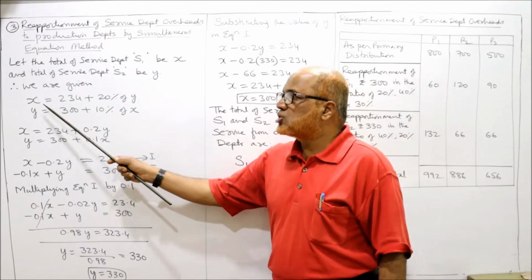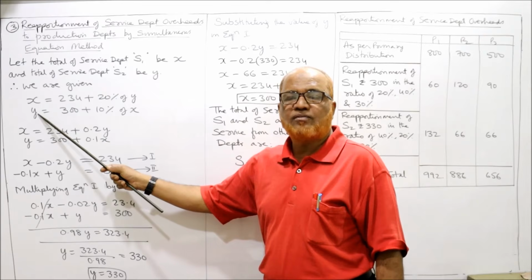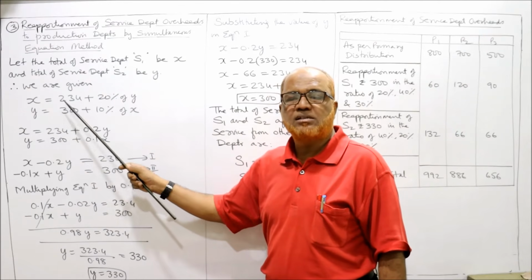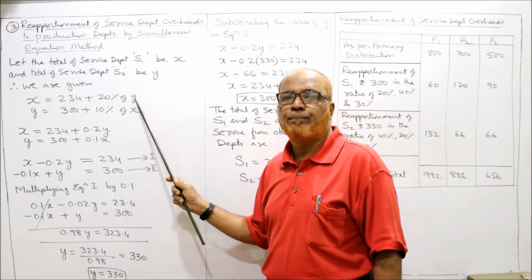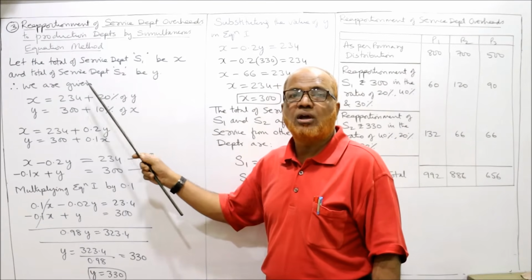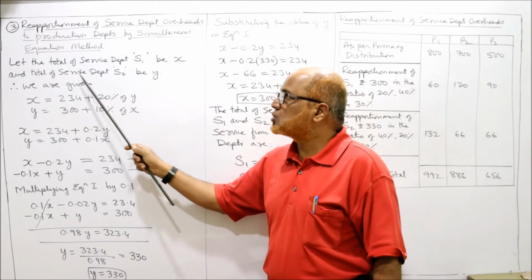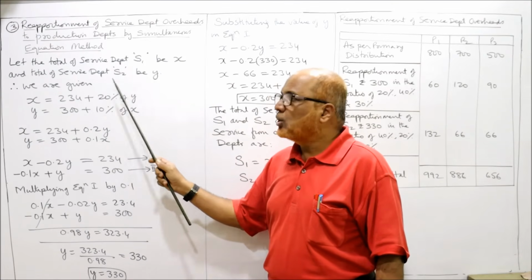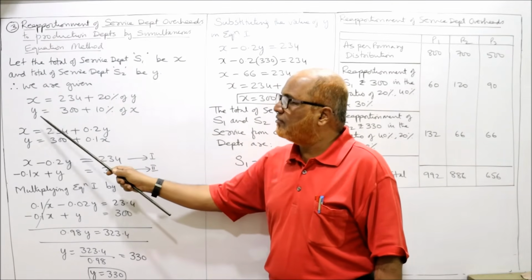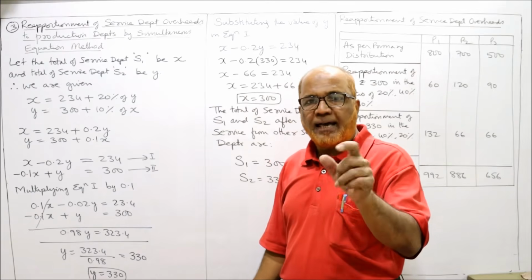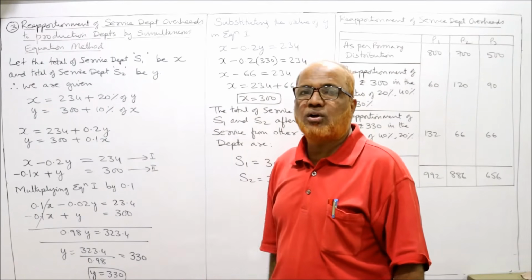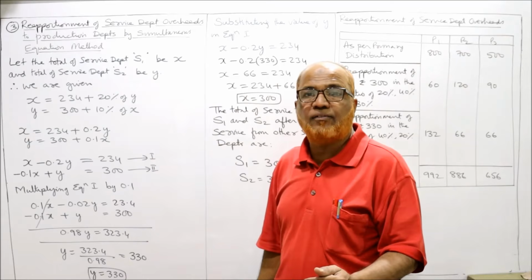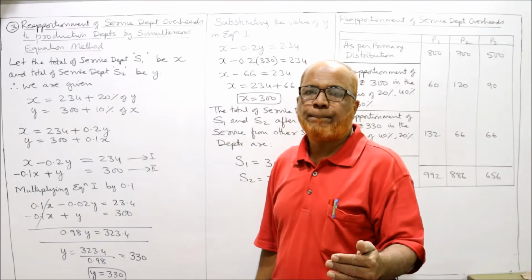So we can write small x. The total of service department S1 is 234 plus 20% of Y. What is Y? The total of S2. Y is the total of S2. So 20% of Y. Similarly Y, S2. S2 का total problem में जो दिया 300 दिया plus 10% of service it is getting from S1.